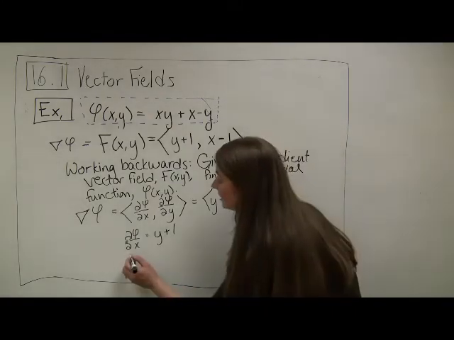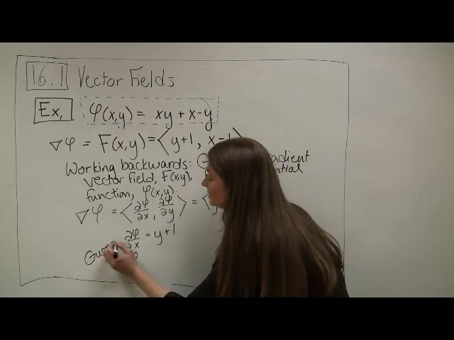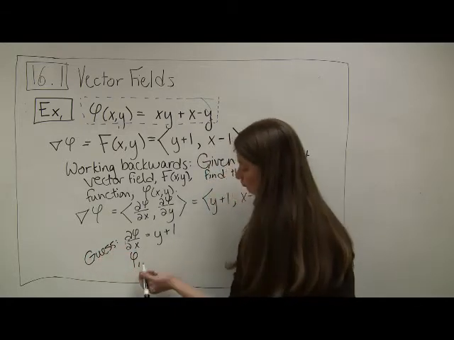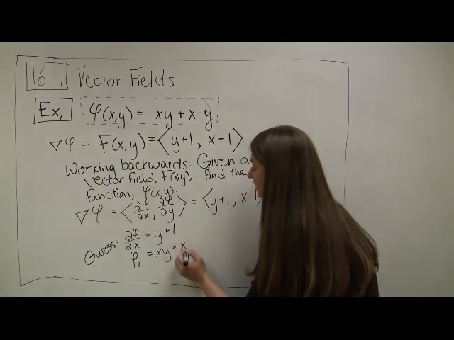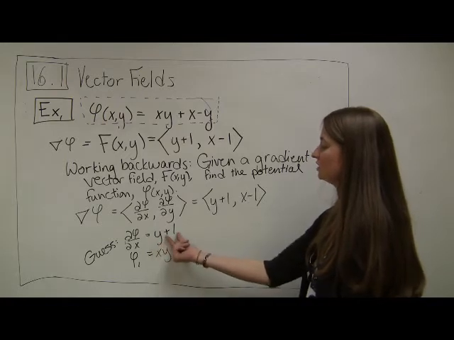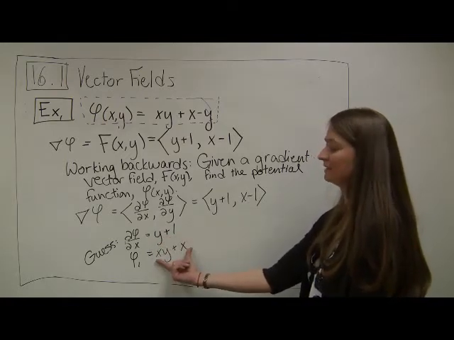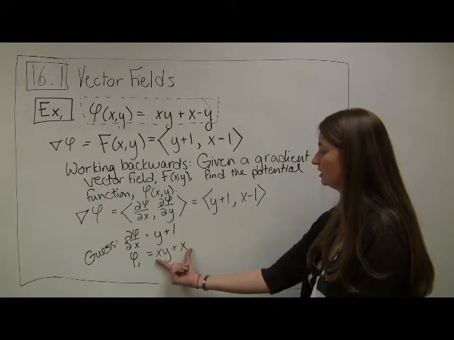And I find that this is my first guess, maybe I'll write guess, that phi sub 1 is equal to xy plus x. Because I took the antiderivative with respect to x, each of these terms were constants, so I just put x's on as coefficients when I took my anti-differentiation.